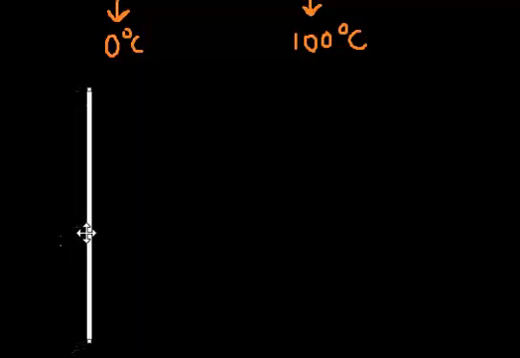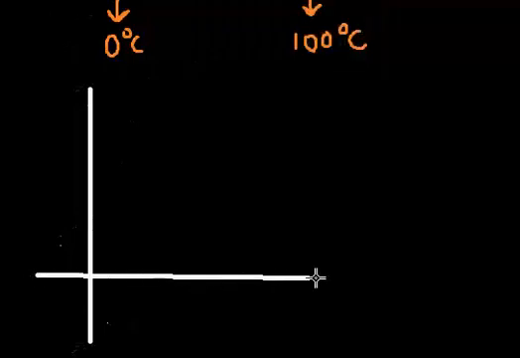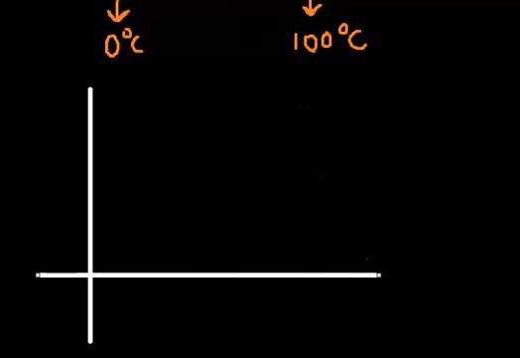I will draw the heat supplied to a body against temperature. Temperature is the horizontal axis, and heat is the vertical axis.